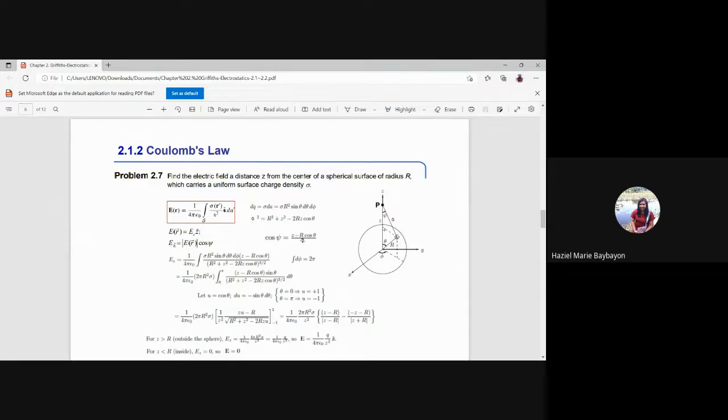Alright. Okay, so you have this one, E Z. This is your ER. This can be simplified. So you have the Z component of the electric field, which is equal to this one.